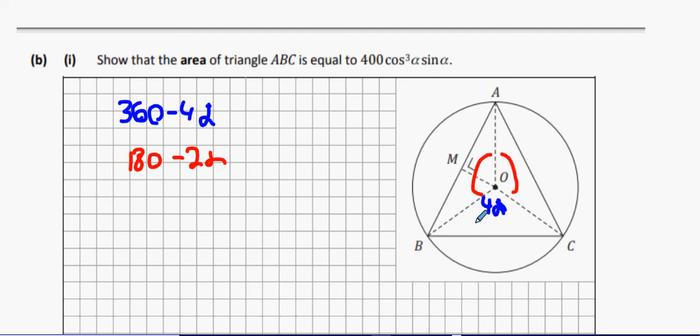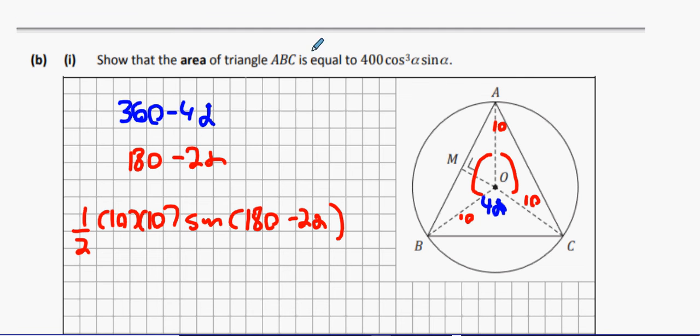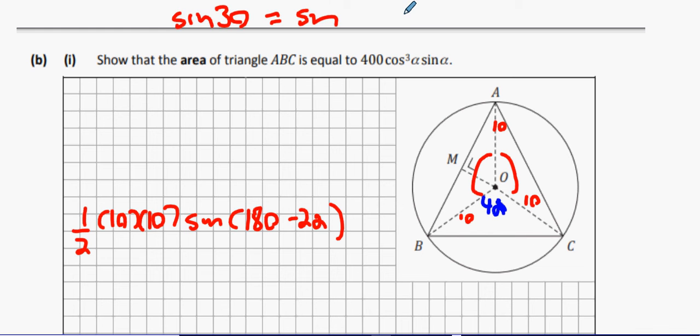See the way they're all radiuses of 10, so I could do a half 10 times 10, the angle in between, because it's a half ab sine C, right? And that'd be sine 180 minus 2a. Now there is a rule regards to first quadrant, if you ever look at it, is that for example sine 30 is exactly the same value as sine 150.